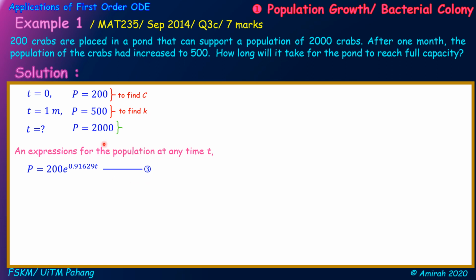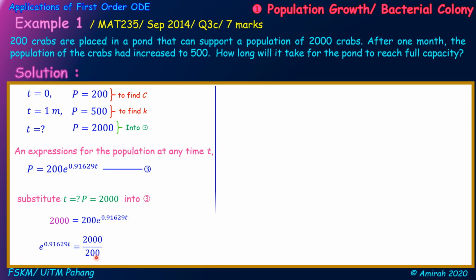Then we can substitute the third piece of information into equation 3. Substitute t equals question mark, P equals 2000 into equation 3. So from equation 3, we replace P equals 2000. Then we want to find the value of t. So we can move 200 to the left hand side and it becomes 2000 over 200.